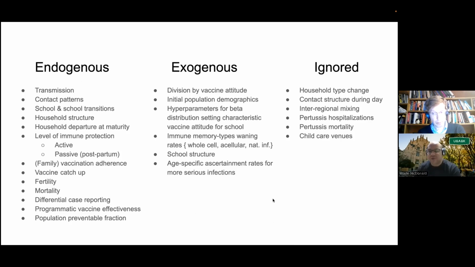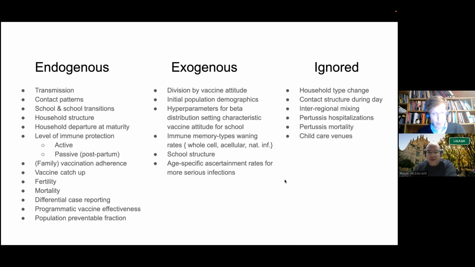Exogenously specified were vaccine attitudes, initial population demographics, hyperparameters for some distributions for other parameters, including vaccine attitude, immune memory types and waning rates.